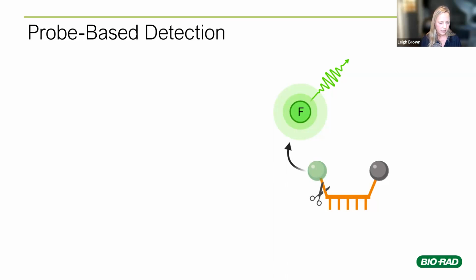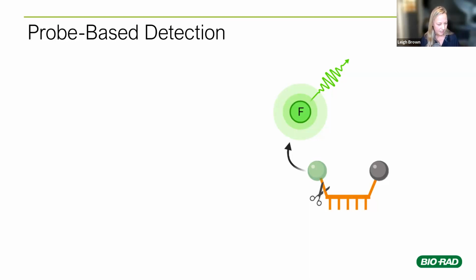And so when this probe is not bound to a DNA template, the fluorescence isn't detected because that quencher is there, right? So the energy absorbed is not freely emitted because the reporter is located close to the quencher.